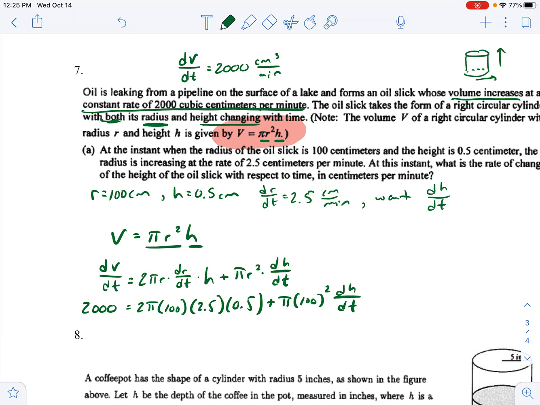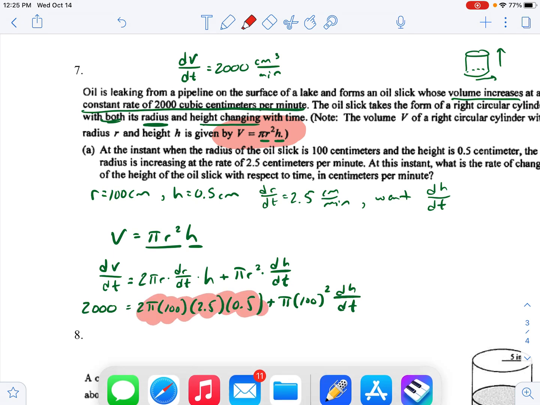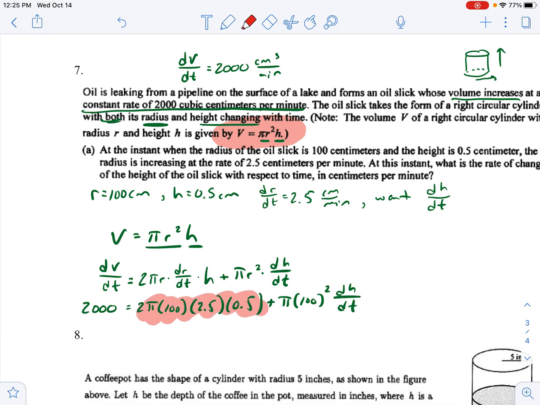And at this point, I would just use a calculator. Okay, I'm going to do 2,000, and I'm actually going to end up subtracting this quantity away. So 2,000 minus this weird-looking value here. And then I'm going to divide by the 100 squared pi.